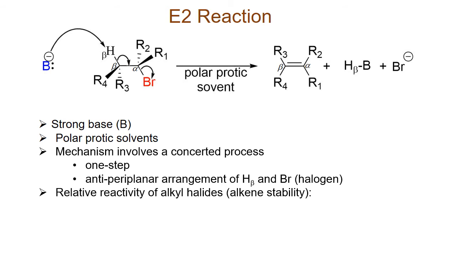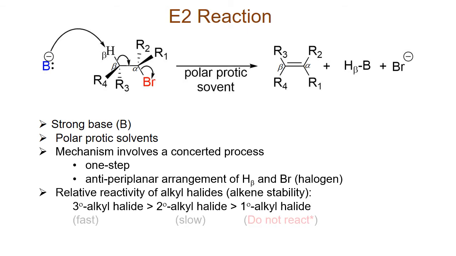So in this particular case, tertiary alkyl halides are the most reactive because they result in the more substituted alkene products, and this is followed by secondary alkyl halides and then primary alkyl halides, which usually do not react by E2 mechanisms, although exceptions are known.